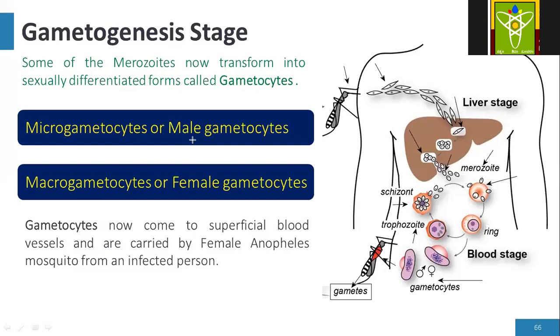So I said, gametocytes are also formed by asexual reproduction. Don't confuse yourself by this. What is the meaning of sexually differentiated? It means that the cells are differentiated based on their sex, male and female. It does not mean these are gametes. So don't get confused by these words.